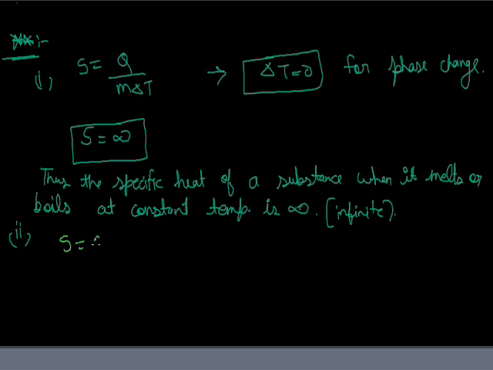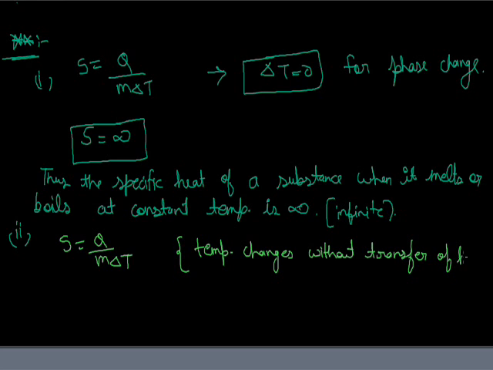The second case: we know s is equal to Q divided by m delta T. If the temperature of the substance changes without transfer of heat, that means in this case heat is constant, so delta Q is equal to 0.